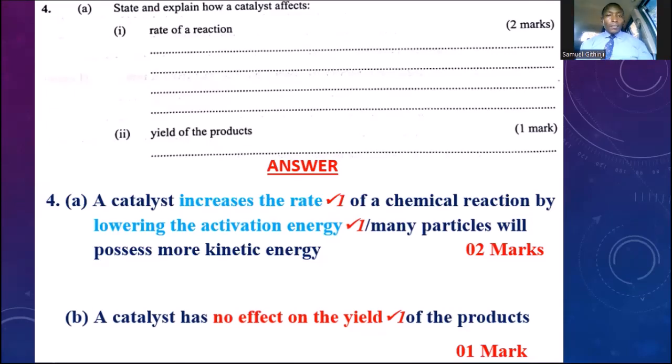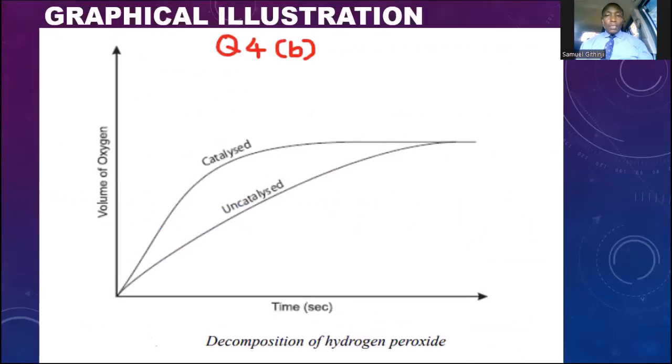To support that, look at this graph, my student. This is a graph showing 2 reactions for the decomposition of hydrogen peroxide. The first one is a catalyzed reaction. The other one is uncatalyzed. So what exactly happens?